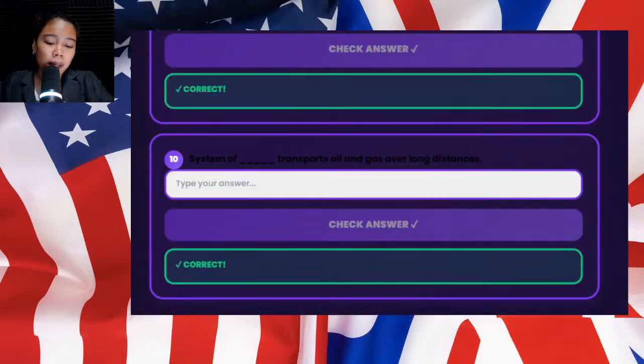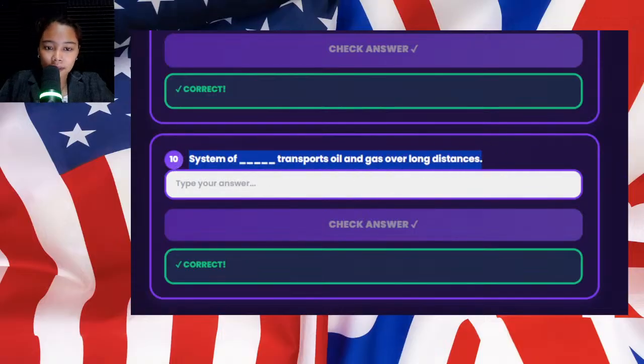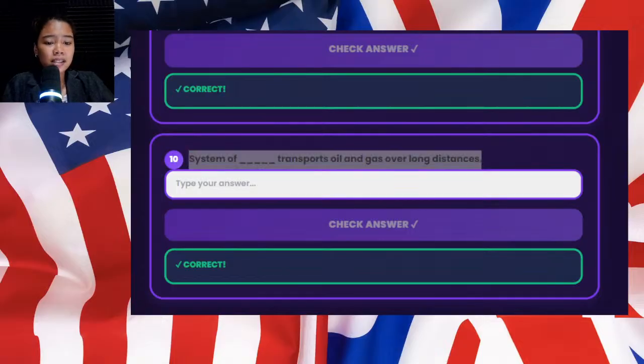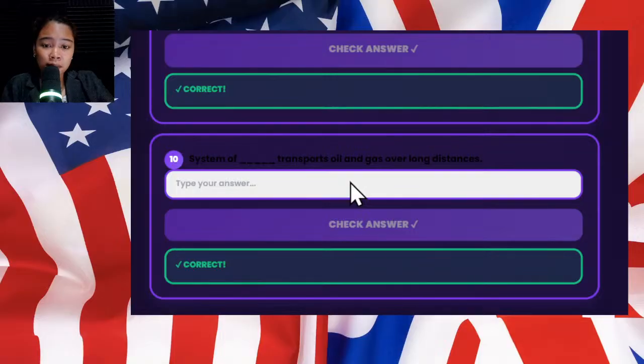Now, what do you mean by pipelines? We are not defining pipelines here, but just mentioning it as a system of pipelines which transports oil and gas over long distances. When we say pipeline, remember that this is actually pipes.